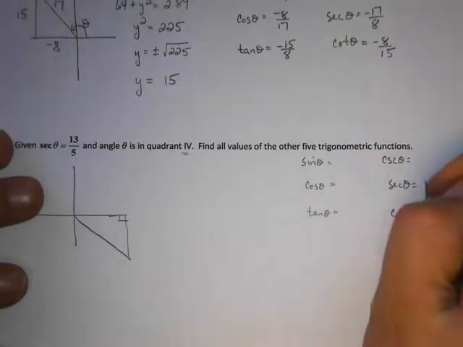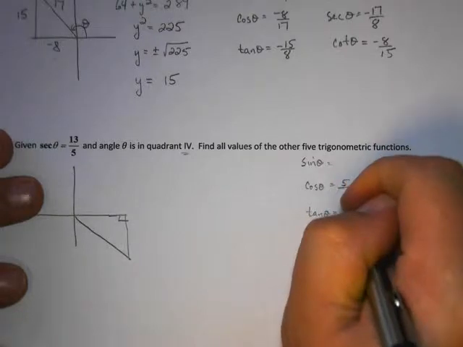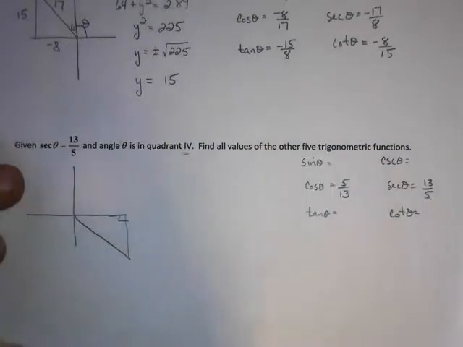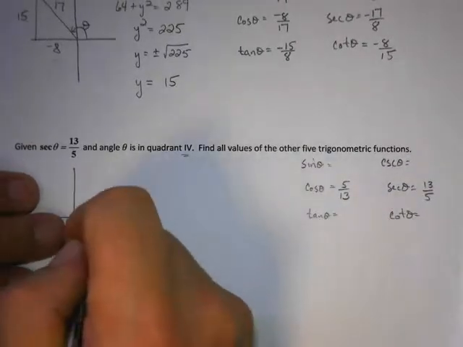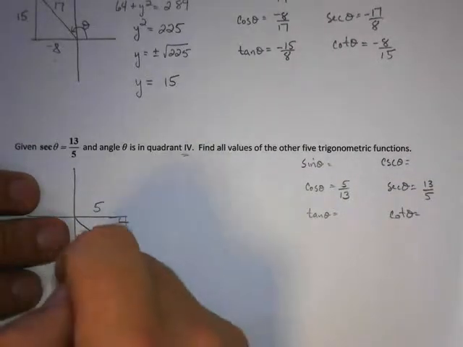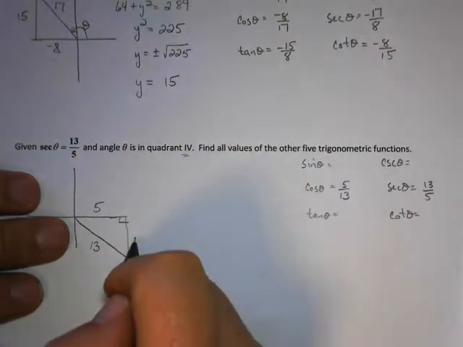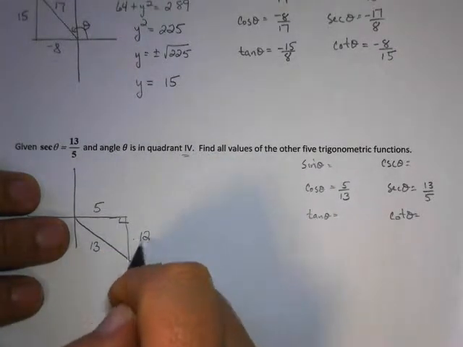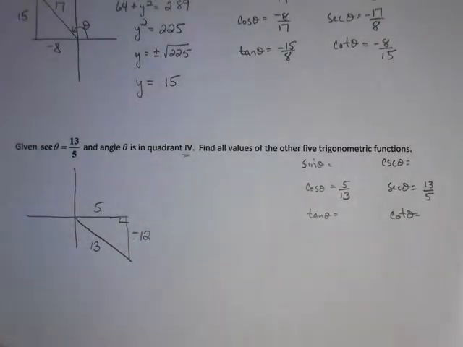So secant is 13 over 5, which means cosine is 5 over 13. And if we know that, we could do our picture. Cosine is 5, 13. We have to find the other side, which as you go through it is going to be 12. This is a nice triangle. Because we're going down, it's going to be negative 12.